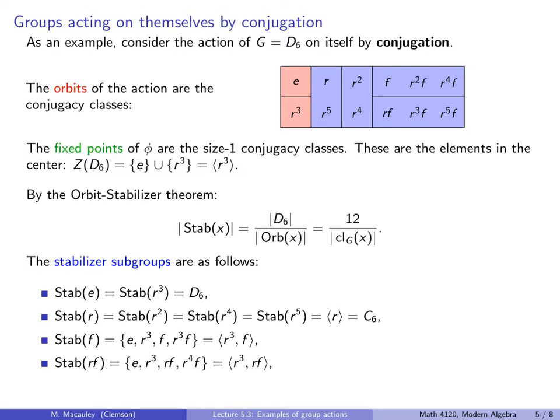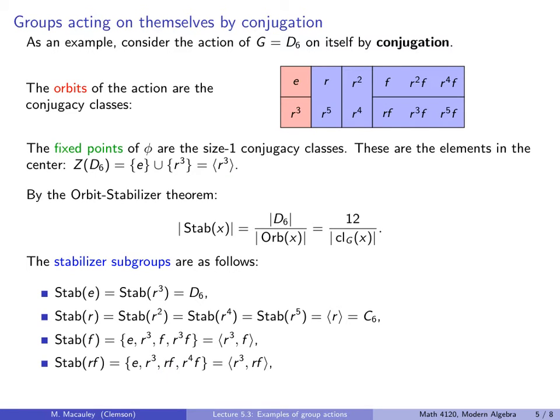Next, let's look at the element Rf. That's in this orbit of size 3. So the stabilizer of this element, everything that commutes with it, has got to have order 4, because 3 times 4 equals 12. So it has to contain the identity. It has to contain r cubed, because these things commute with everything. And it has to contain itself, obviously, Rf.